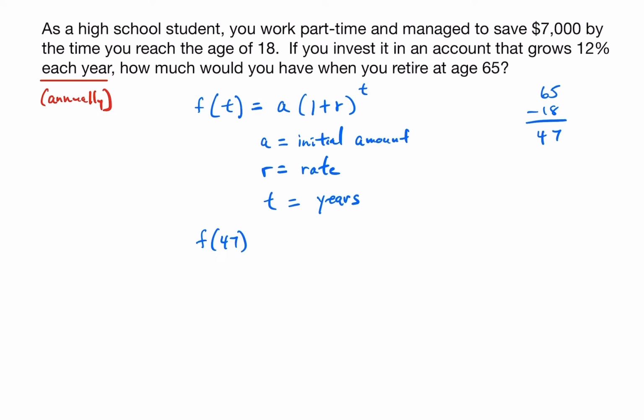The f of 47 is going to equal, and we're going to start with 7,000, which is our initial amount, times 1 plus the rate, the growth rate is 12%, so we have to express that in decimals, so that's going to be 1 plus 0.12 raised to the 47th power, okay?